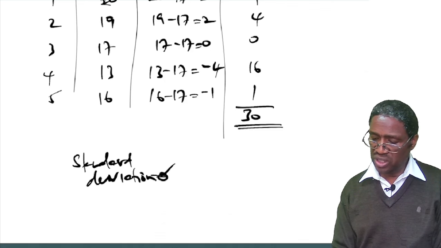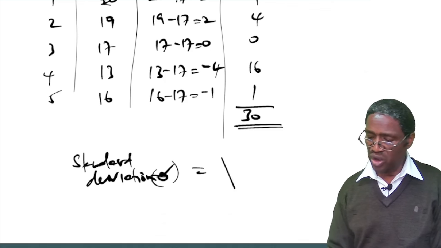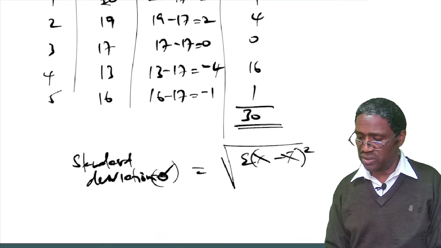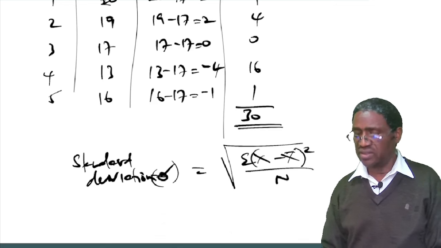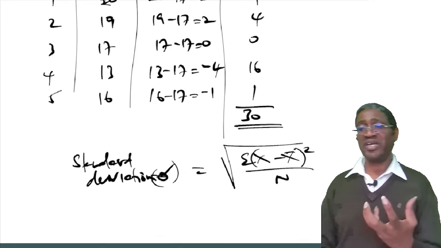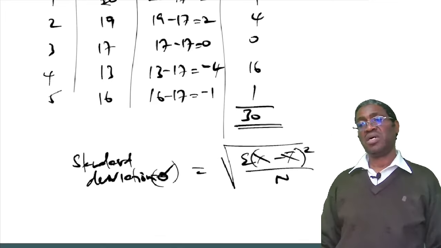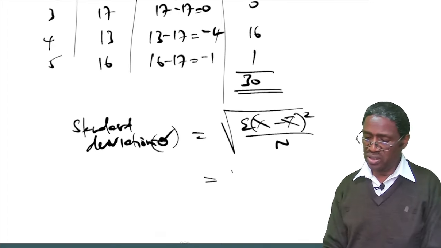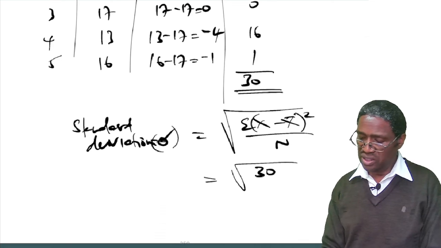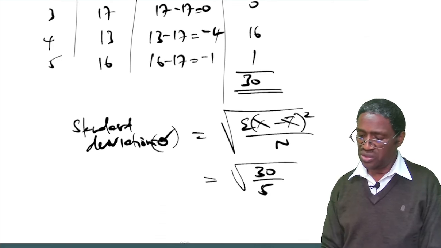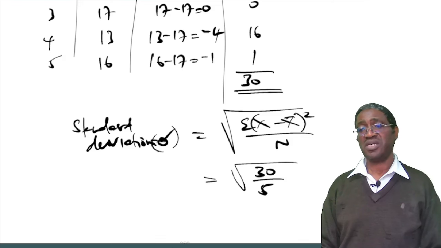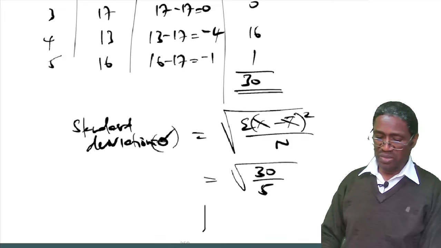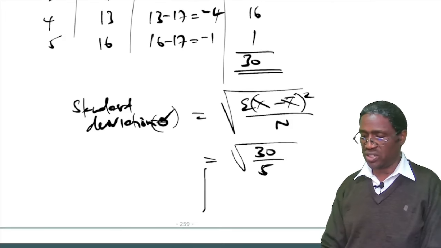I told you sigma is the square root of summation of (x minus x bar) squared divided by n. So I already have what is inside the numerator there. That would be the square root of 30 divided by 5. 30 is the sum of the squared deviations.